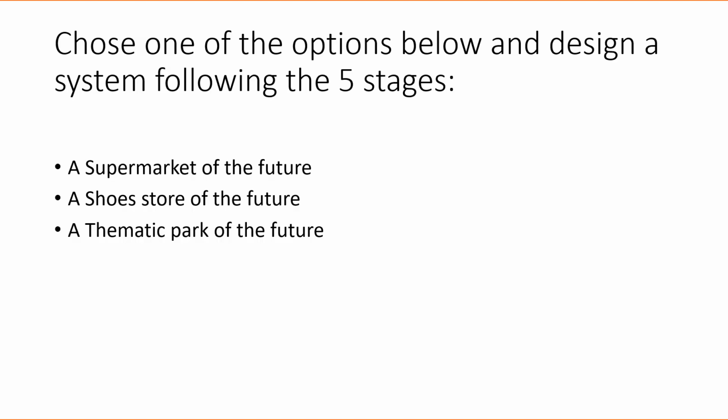The first thing I want you to start thinking about is which one of these 3 scenarios or industries you will be working in, in groups, okay? You don't know the groups yet. Only at the end of my explanation will I set up the groups, but you can start thinking about which sector or industry would be more appealing for you, to design the outline of the system following the 5 stages that I will show you.